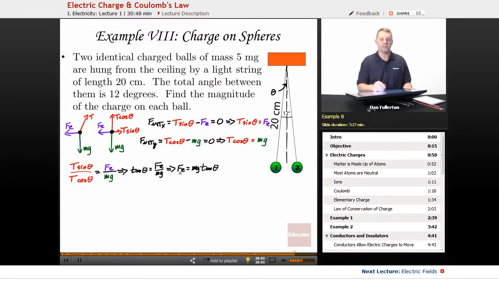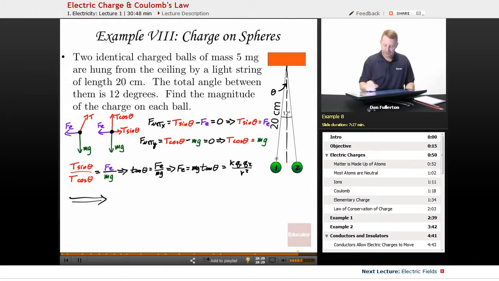But the electrostatic force we can get from Coulomb's law. That's equal to K Q1 Q2 over R squared. Q1 and Q2 are the same. These are identical spheres, so this is just Q and Q. But the trick is this R, the distance between them. We could figure that out.